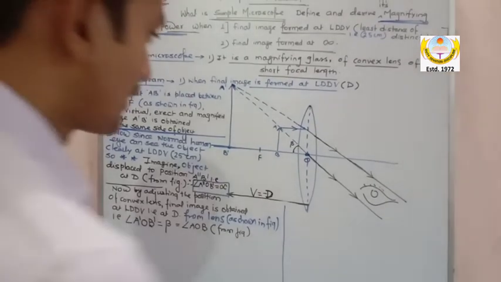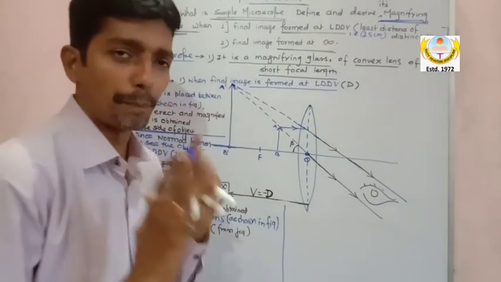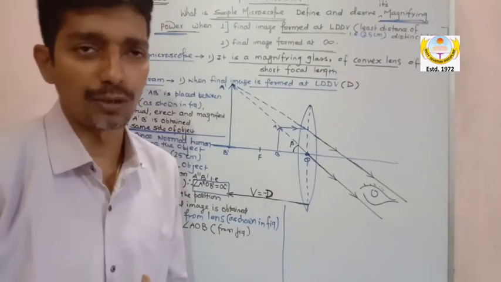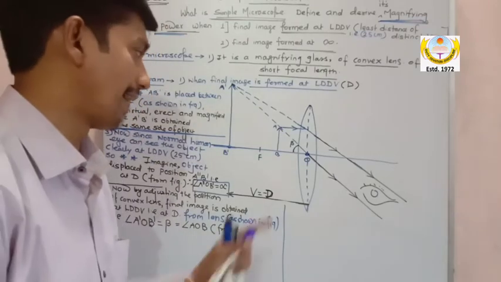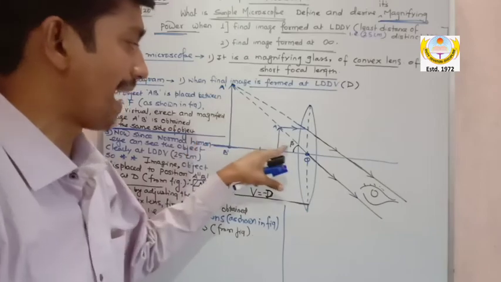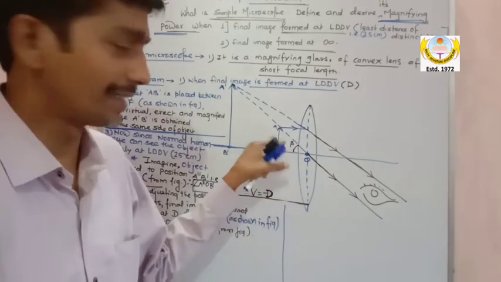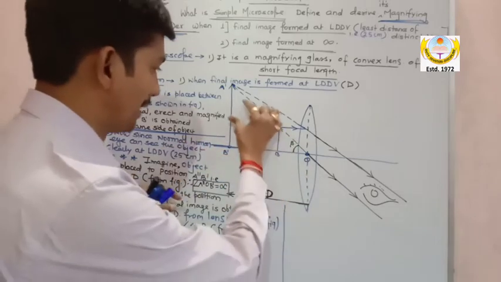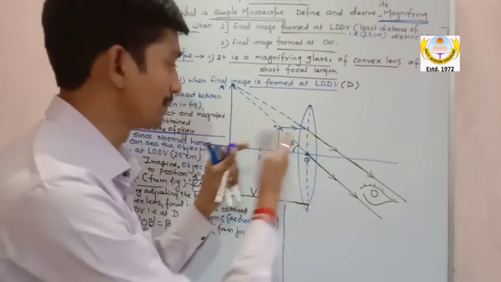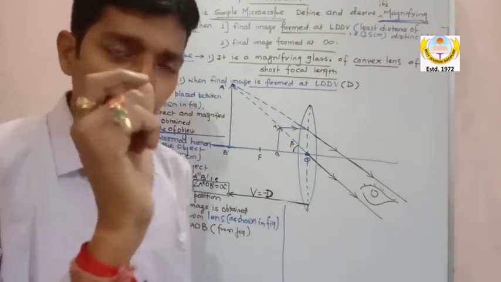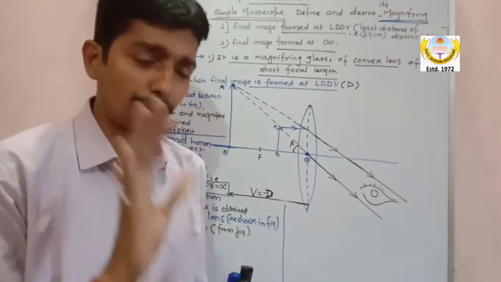Now, my dear, after knowing the power concept and how the power of lens is defined, I have told you that the image makes an angle beta at the eye or at the lens, that is the angle subtended by the image. I have drawn it earlier in my diagram. Now there is one small concept which I am supposed to tell you.